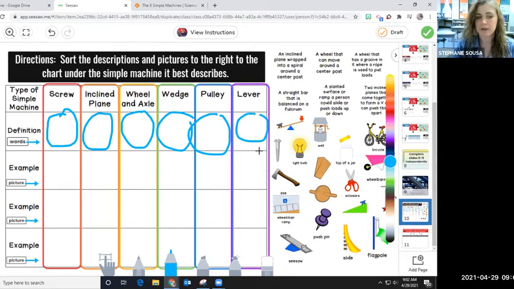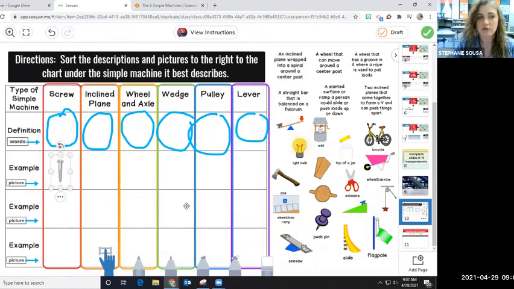You are going to then sort these pictures. We'll grab one that's pretty obvious right here. This is a screw. So I'm going to put the picture of a screw right there. The bottom three here, you are going to find pictures over here that match the simple machine.